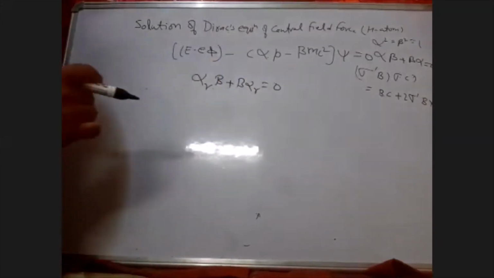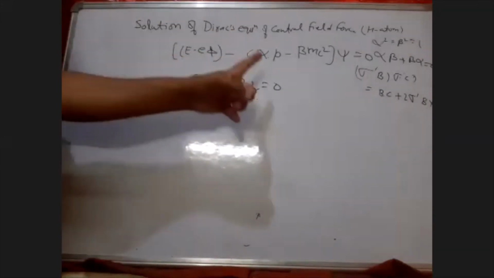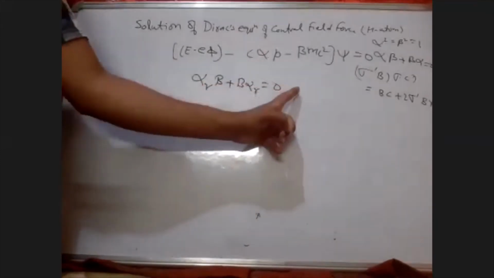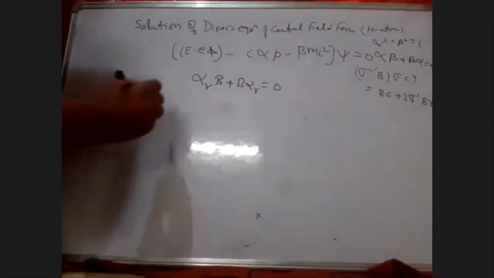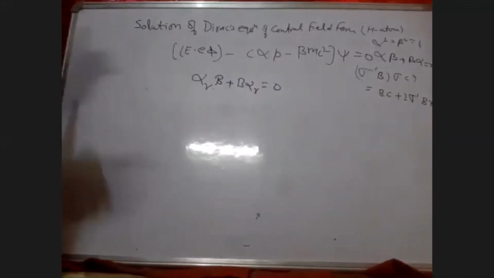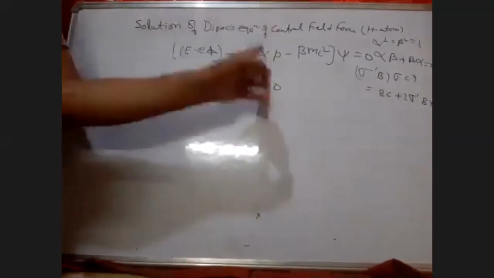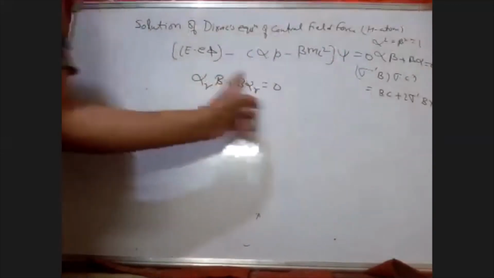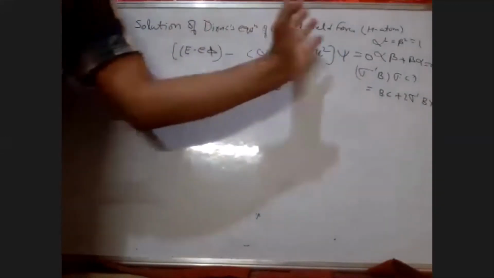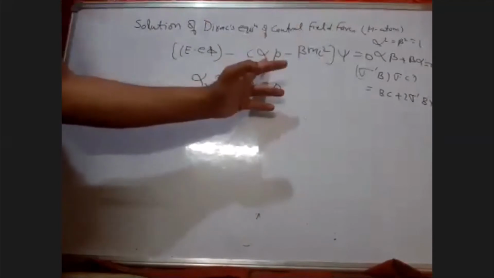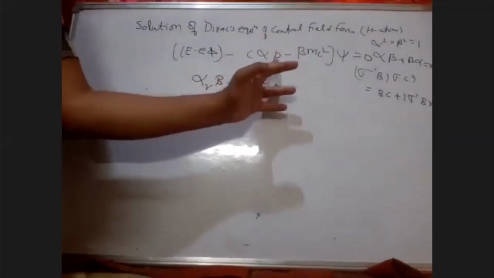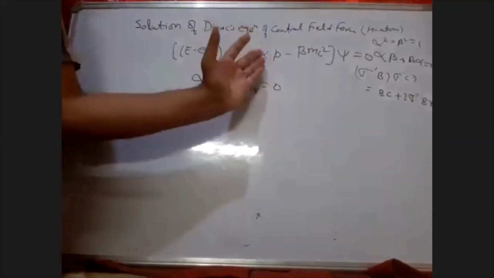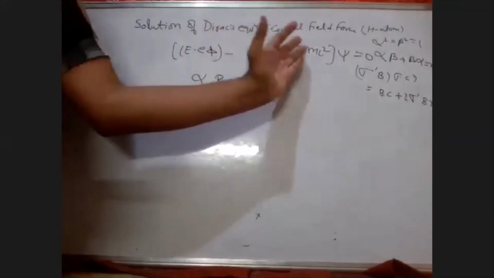You can easily show this. Our aim is to convert the Dirac equation in radial form, or in spherical polar coordinates. So we have to convert these alpha and p into alpha r and pr, the radial velocity operator and radial momentum operator.